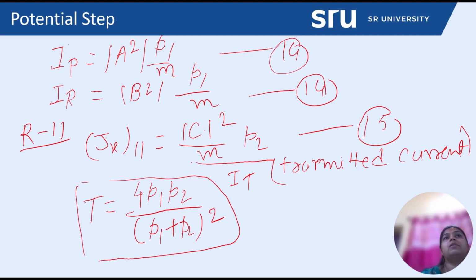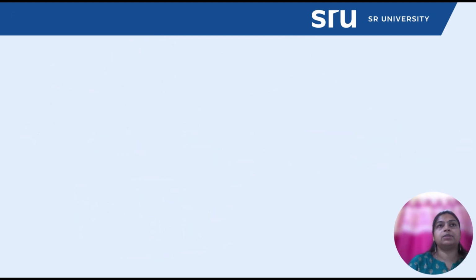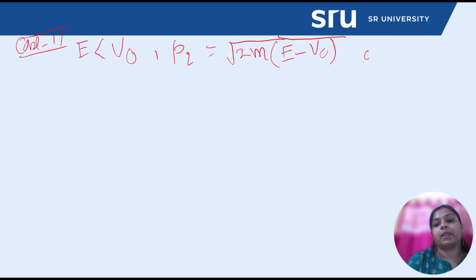Now let us look at the second case, case 2, where the energy E is less than V naught. When the energy is less than V naught, the P2 value, the root of twice m times (E minus V naught), will be imaginary.